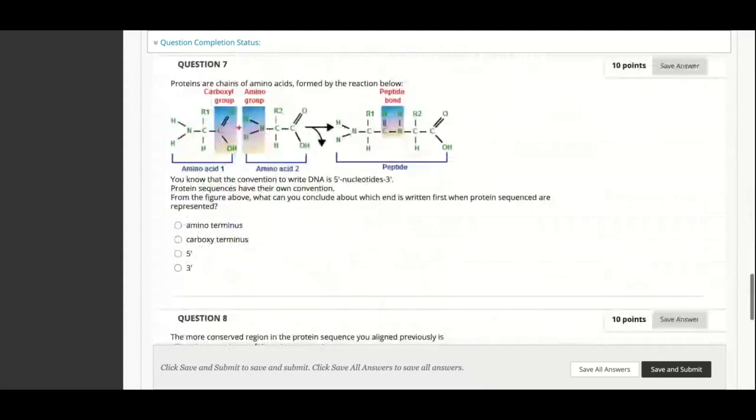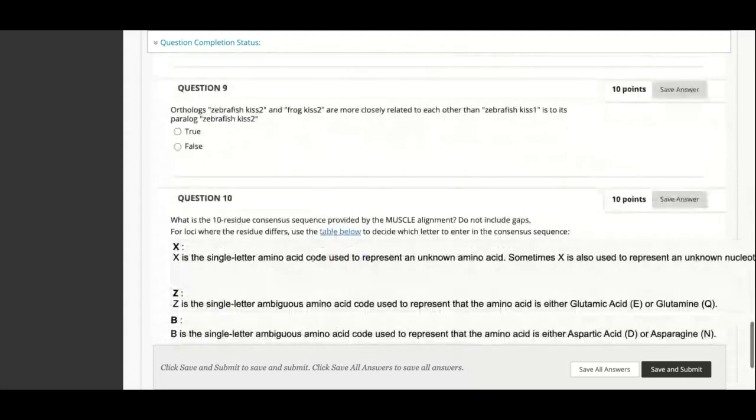But the residues, as I mentioned, when I say a 10 residue consensus, I just mean a string of 10 amino acids, and then the consensus sequence is where do they agree. And maybe they don't agree perfectly, but I just wanted to reinforce the idea of consensus.